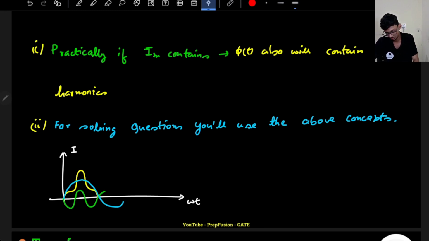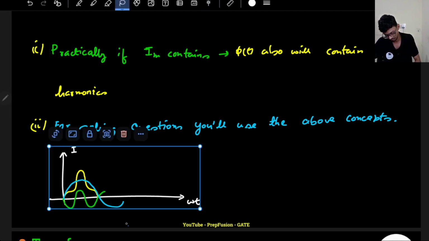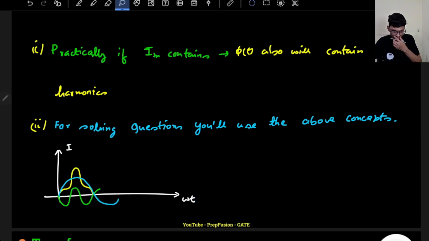I hope you have understood this basic point. That's how the harmonics are developed. Here it was supposed to be a pure sine wave, but the current waveform is peaky in nature, so I see a third harmonic. Why is it a third harmonic? In one half cycle, it is covering 1.5 cycles. Let me complete the whole cycle, then you will understand this better.